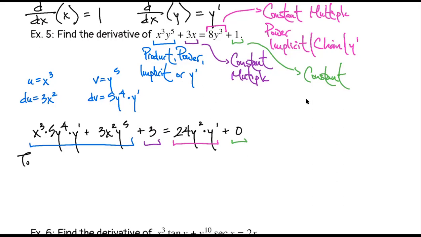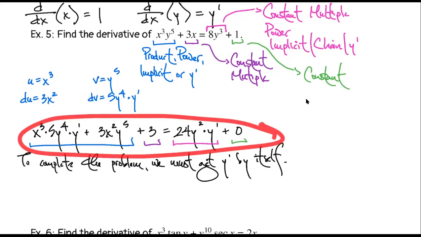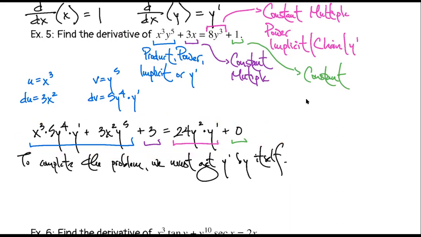So to complete the problem, we must get y prime by itself, okay? So if you leave it here, you are not finished, all right? You need to get y prime by itself.